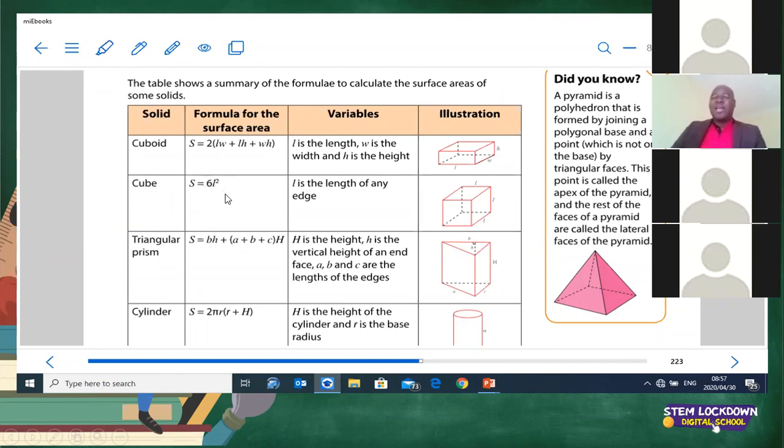Meaning that you'll have the area of each face there multiplied by 6. Remember, the area of a square is length times length. So that is why we've got 6L squared. L squared comes from length multiplied by length. You get length squared.